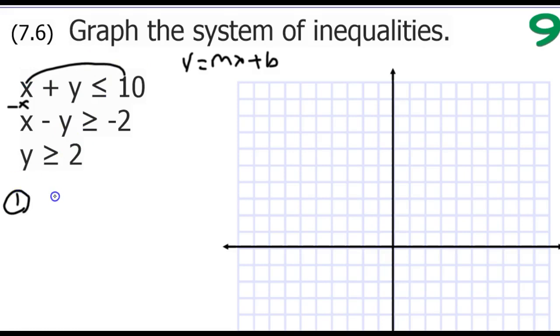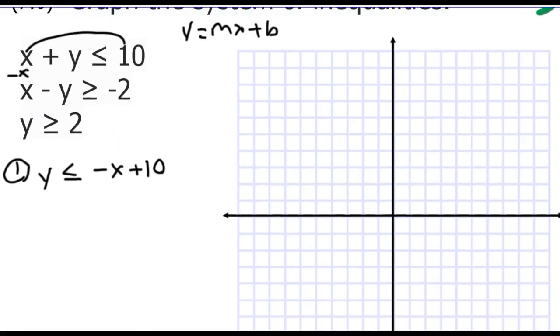So for the first one, we get y is less than or equal to negative x plus 10. So we start that line at 10. 1, 2, 3, 4, 5, 6, 7, 8, 9, 10, all the way at the top. And that's going down 1 and over 1. So we have a line that goes straight down at a diagonal.